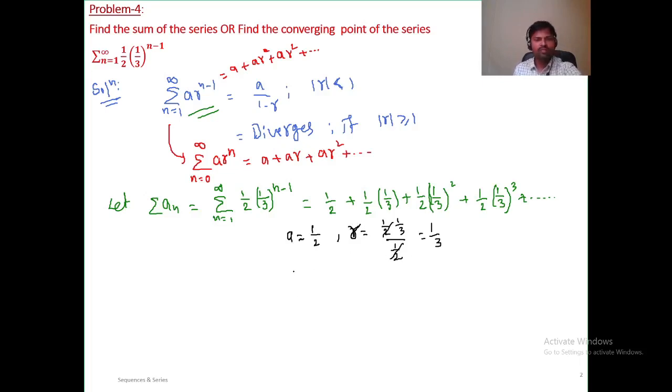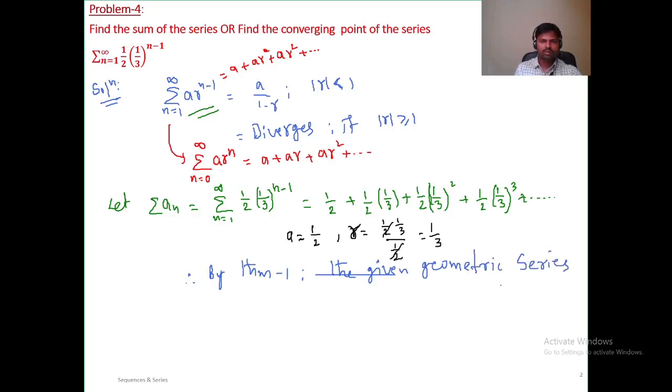So by the geometric series theorem, theorem number 1, the given geometric series converges to which number?